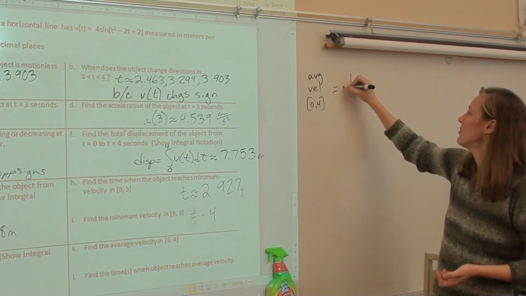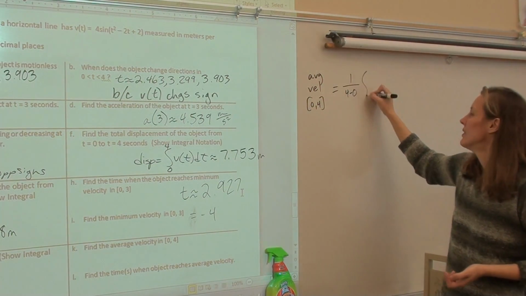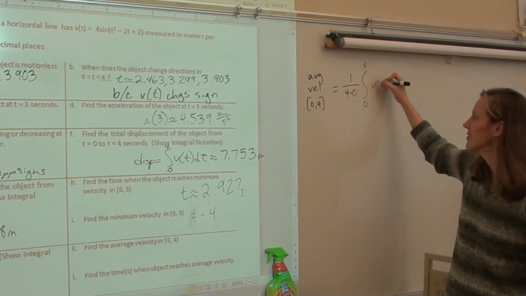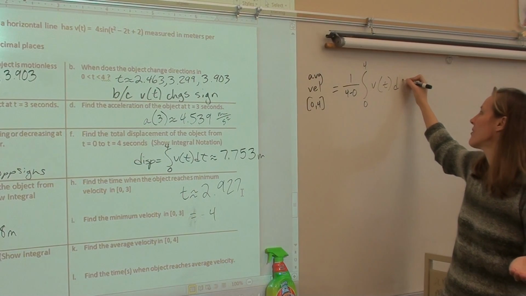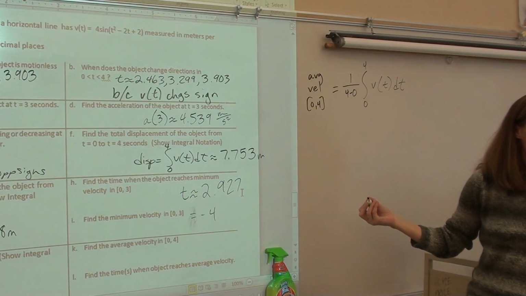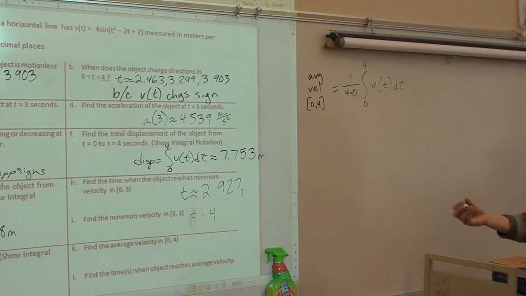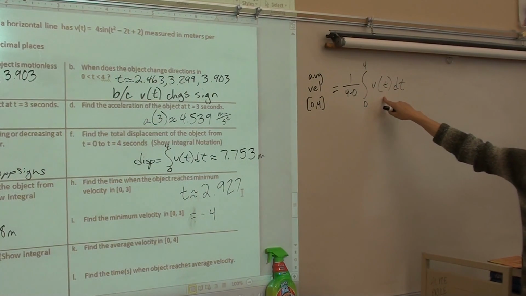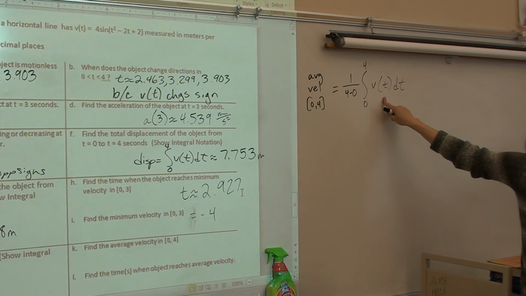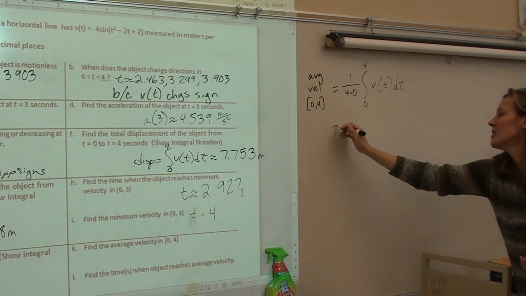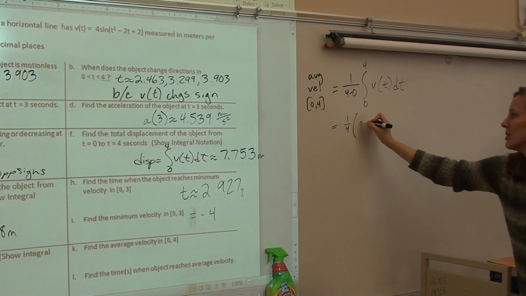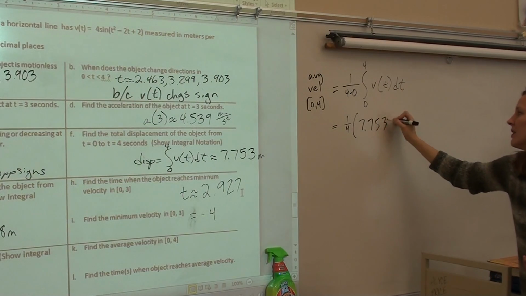So I do 1 over 4 minus 0, times the integral of 0 to 4 of v of t, of whatever I want the average of. So whenever I need an average value, I use my average value formula, and whatever goes in here is whatever you want the average of. So if I want average velocity, that's what goes here. 1/4 times, hey, I found this already. Oh, look, it's 7.753.